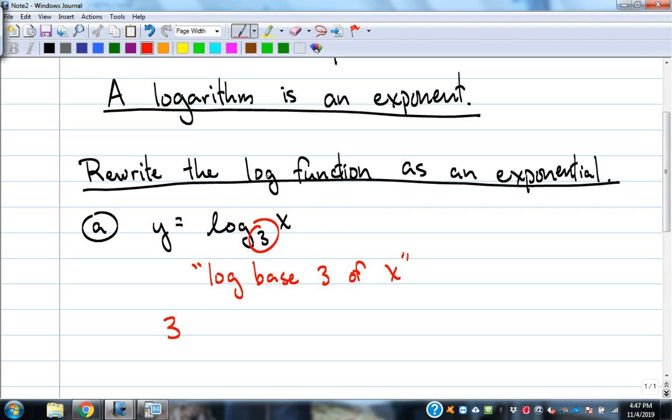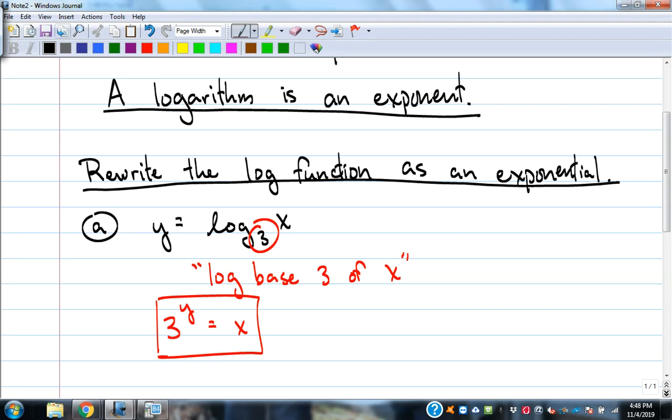And the logarithm is an exponent, which means it equals the exponent. So whatever the logarithm is equal to, in this case y, that becomes the exponent on the exponential. So 3 to the y is equal to x. And that's rewriting a logarithm as an exponential.